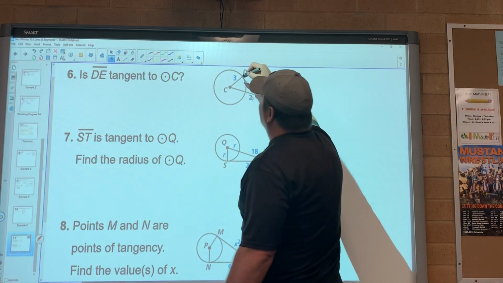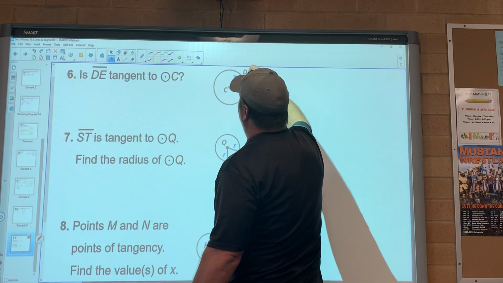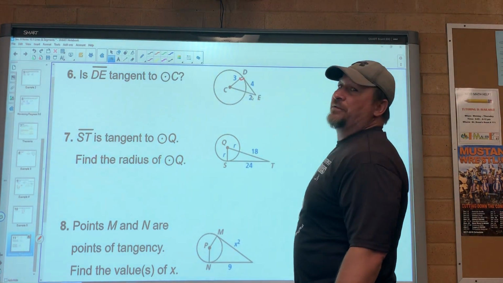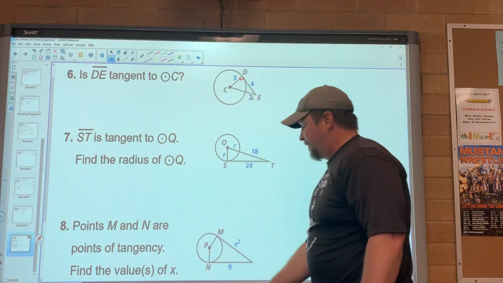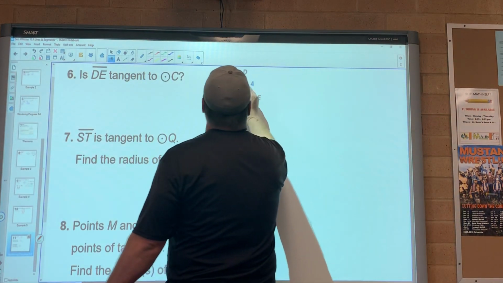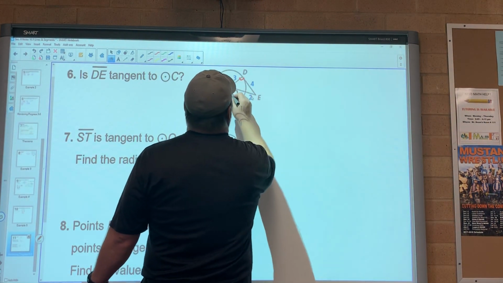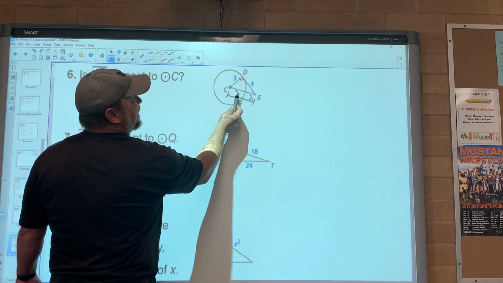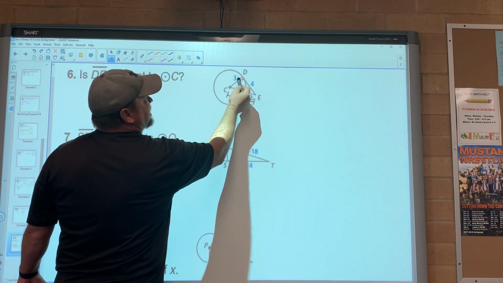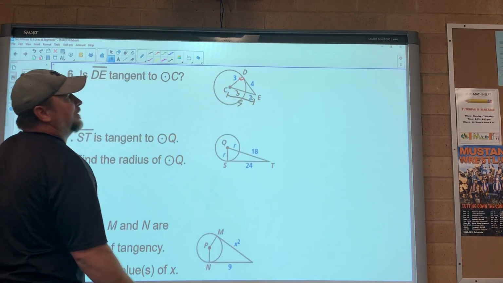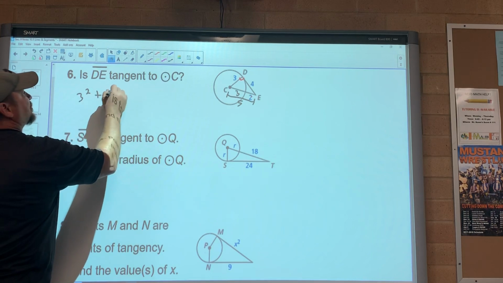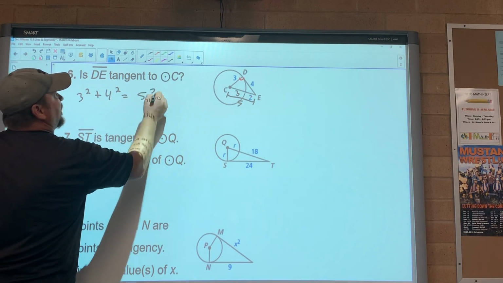I know that because if I'm going to prove that's a 90, this side better be longer than either of the other sides. Remember Pythagorean's theorem. So I'm calling this 3, so this total distance is 5. And I hope everybody understands why I know that's 3: that's a radius of 3. So we have 3 squared plus 4 squared equals 5 squared.